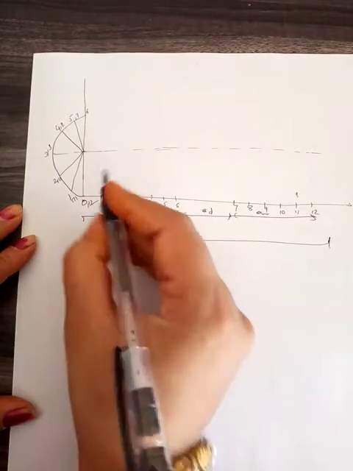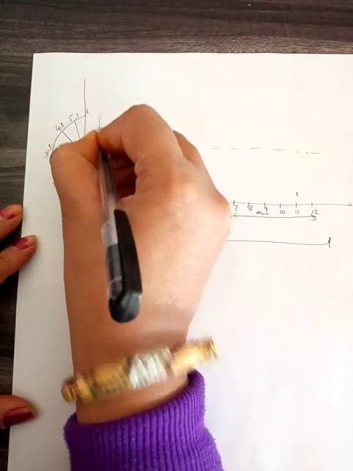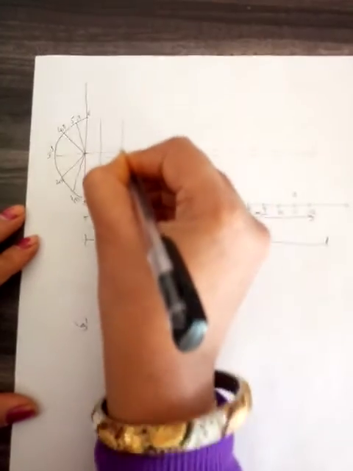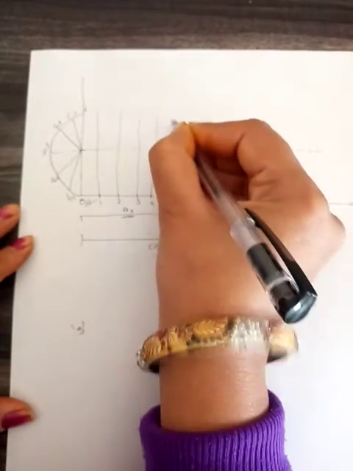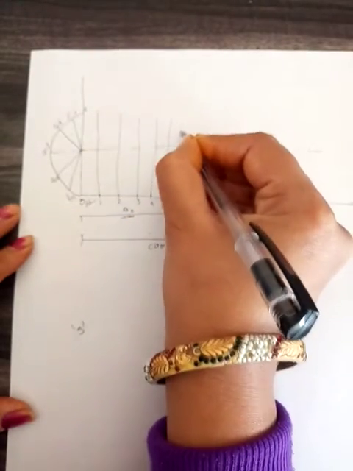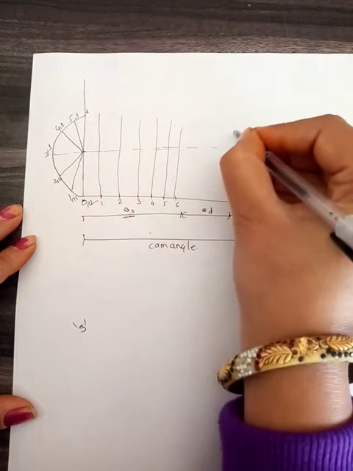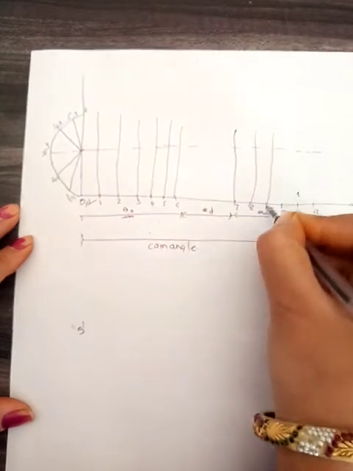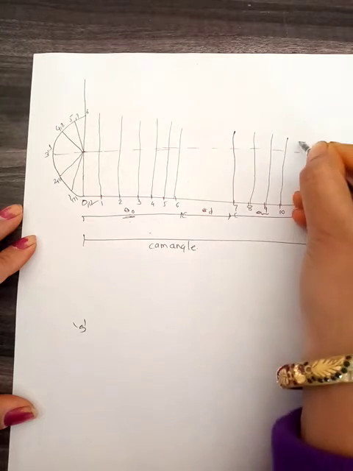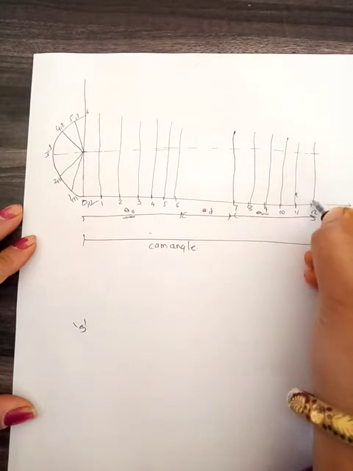So this is a projection line. This is the projection line of 1, 2, 3, 4, 5, 6, then 7, 8, 9, 10, 11, 12.